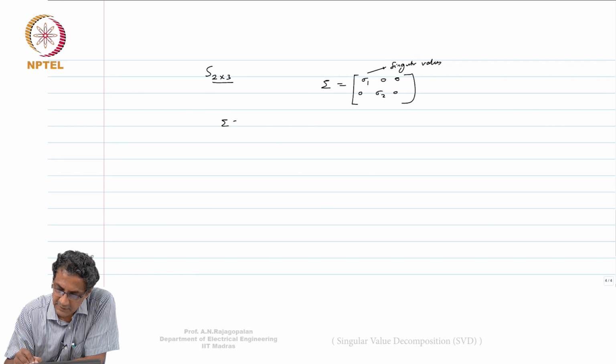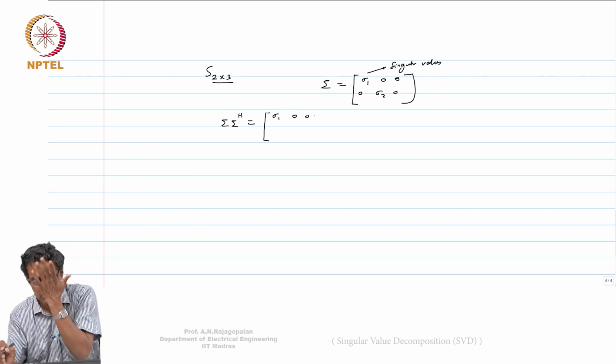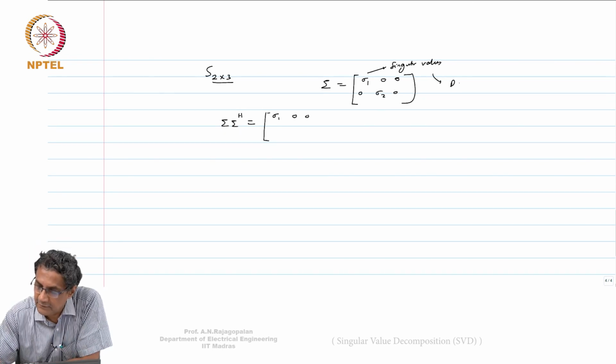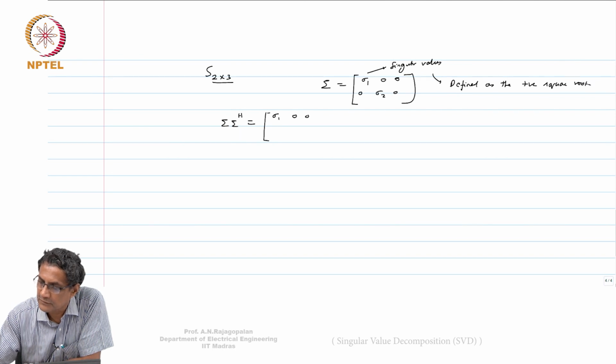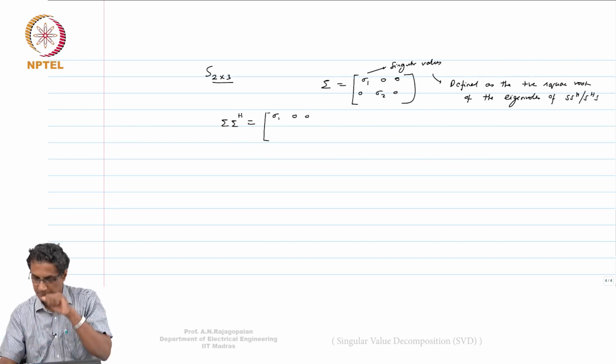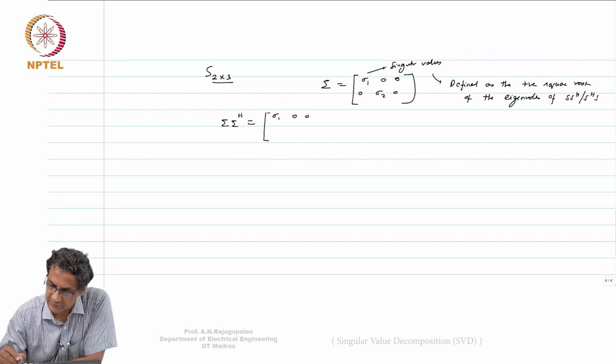And if you look at sigma Hermitian, that will look like sigma 1 0. One more thing: these singular values are actually defined as the positive square root of the eigenvalues of SS Hermitian, or equivalently S Hermitian S. So if you look at sigma 1 0 0, 0 sigma 2 0, and then sigma Hermitian will mean you will have sigma 1 0, 0 sigma 2, 0 0.